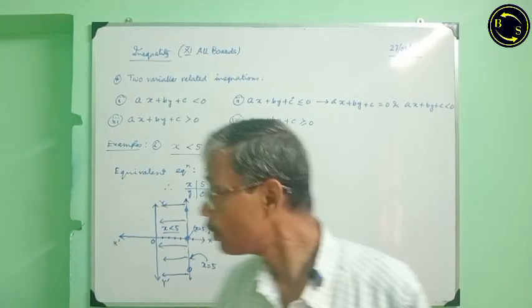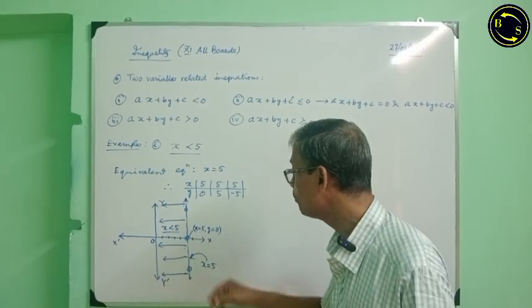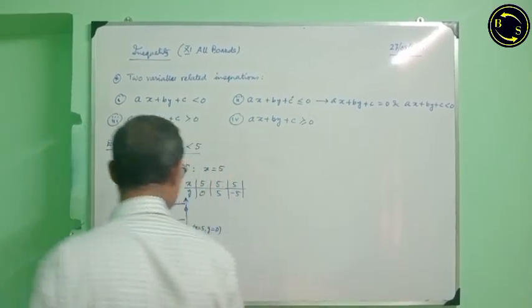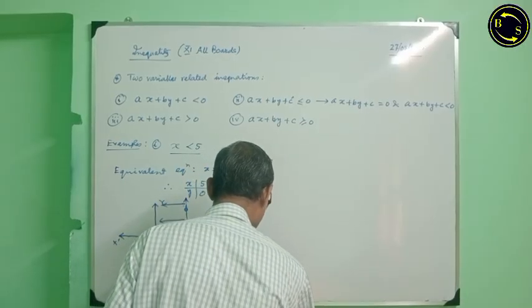Also, if you draw this line representing x equal to 5 by putting gaps like this, I draw another diagram.